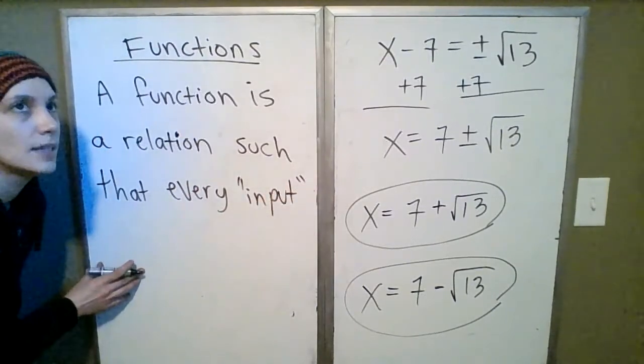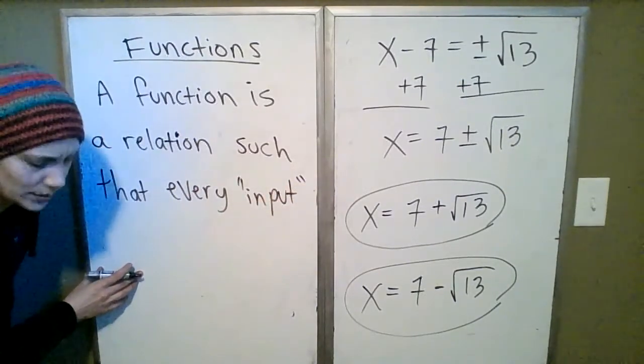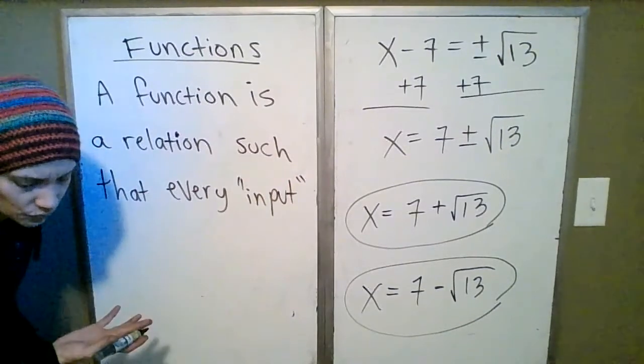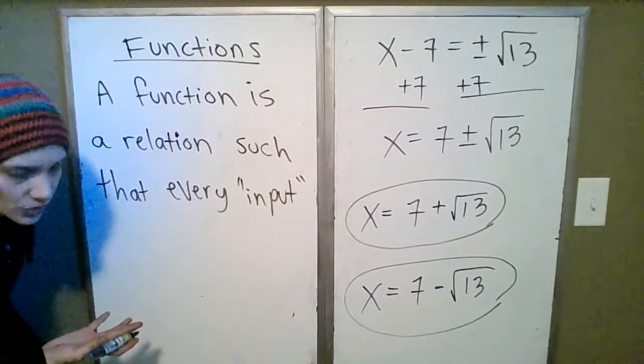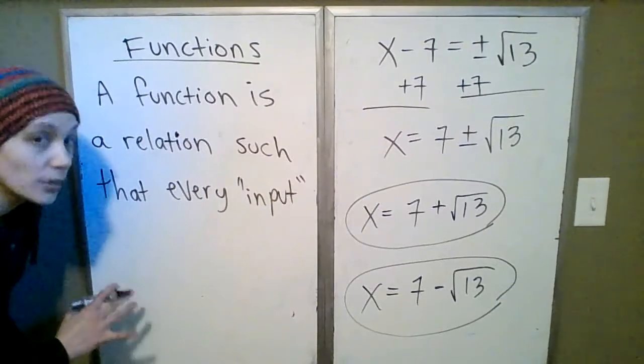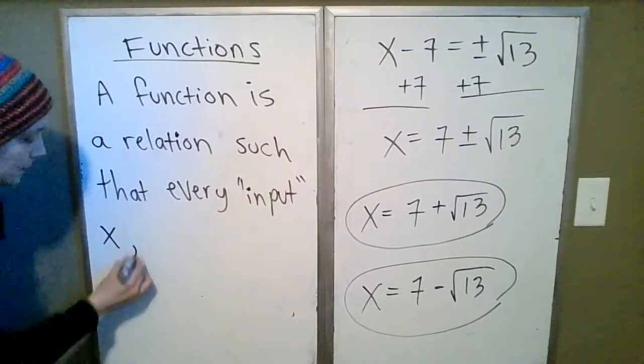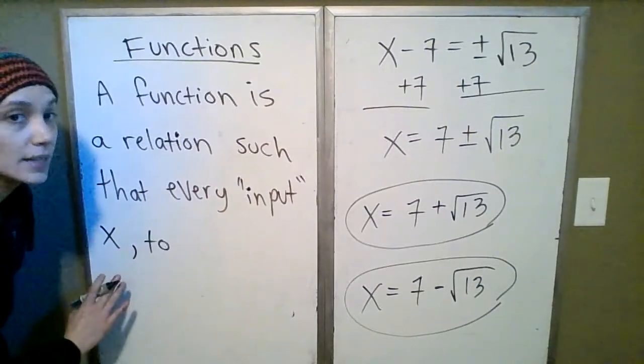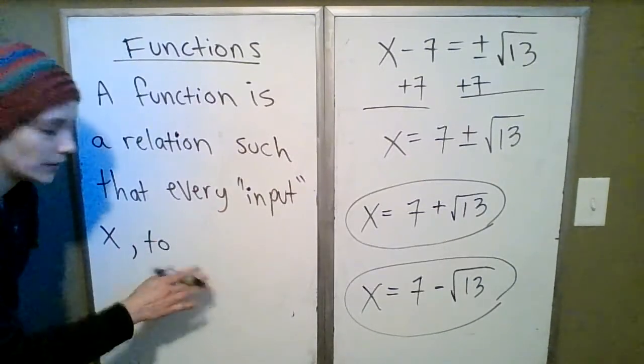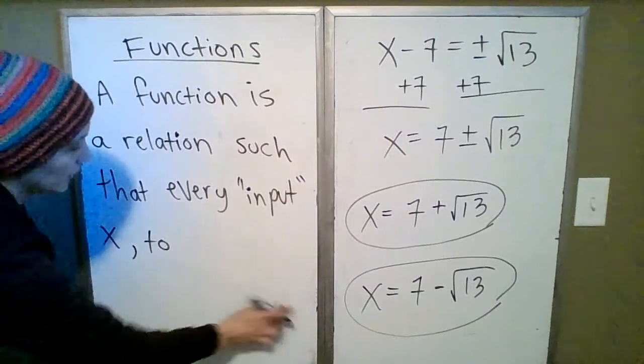Okay. It's usually an x value used as your input. And that input goes to only one output, or exactly one output.